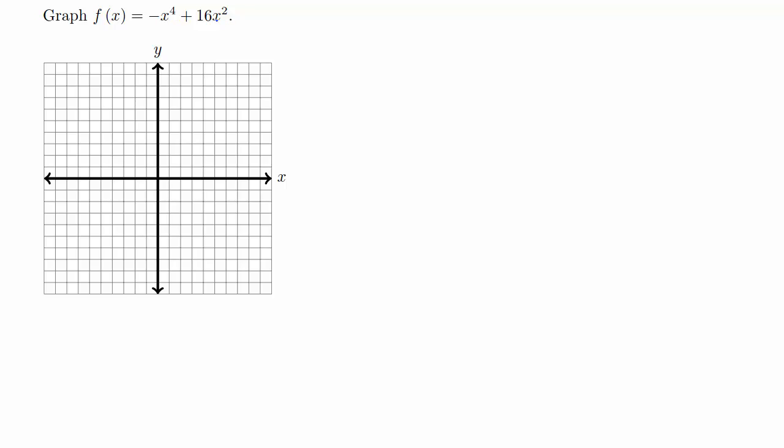But what we do have, if you look at this carefully, is a common factor between these two. And what is that common factor? Well, x to the fourth and 16x squared, that means that x squared is a common factor.